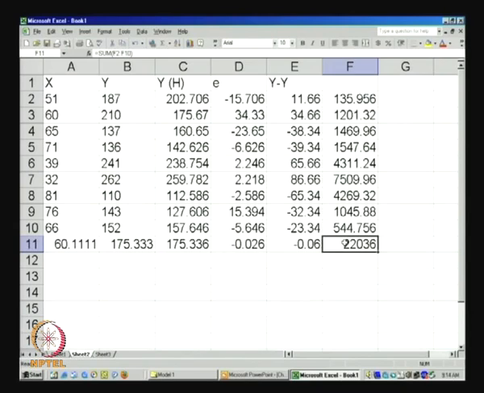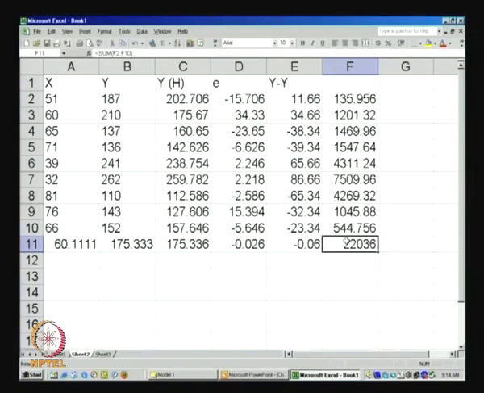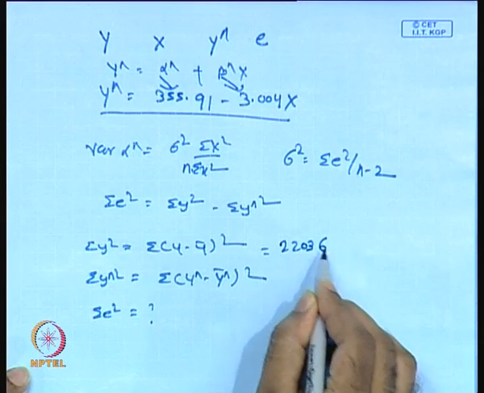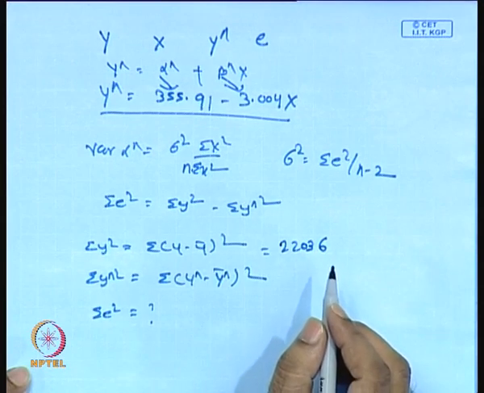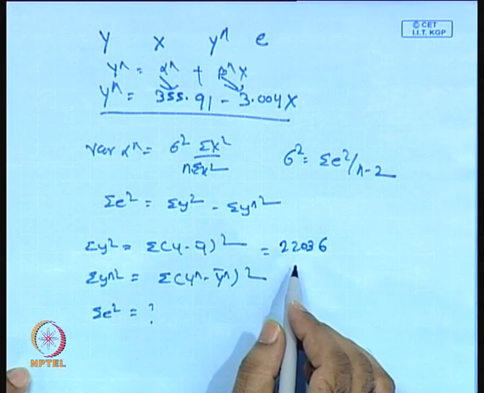Now this is y square. So summation y square equals 22036.